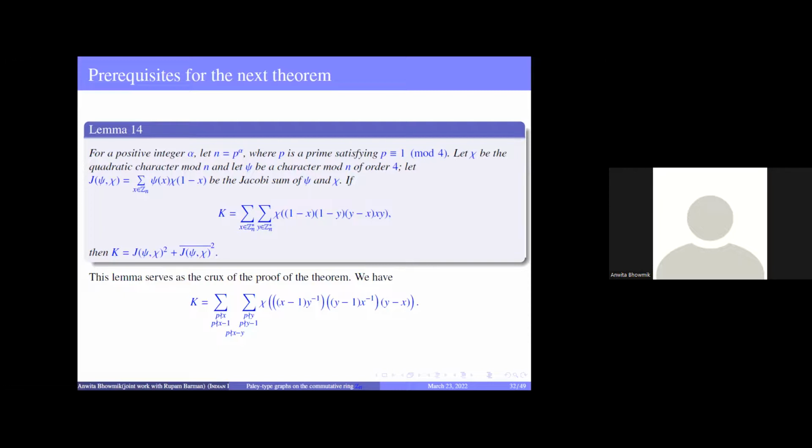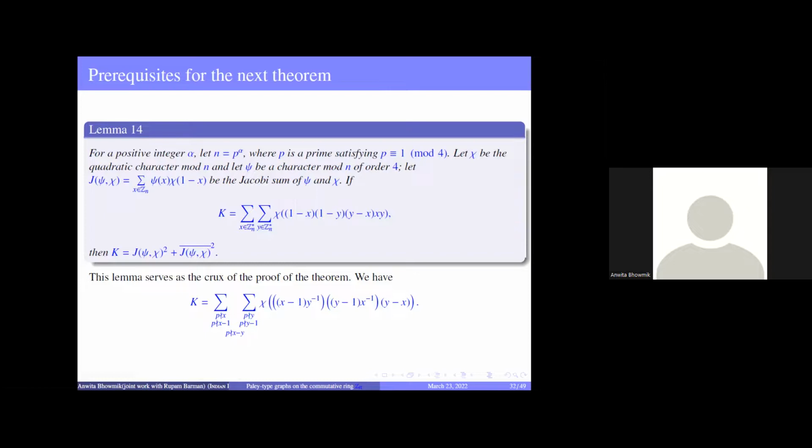After doing that, I see that K can be written in this form. Then I want to replace x and y by two other variables, suppose u and v: x minus 1 by y and y minus 1 by x, these I want to take as my new variables. But for that, I need to ensure that the substitution is possible.